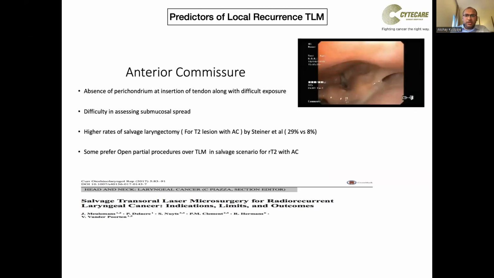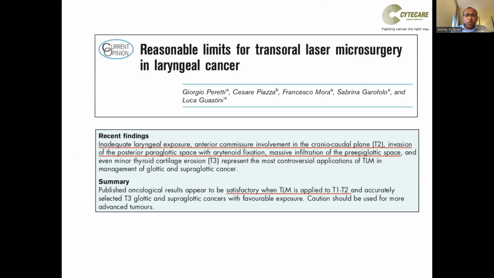Hence, at the anterior commissure, you need to be very, very cautious in treating with transoral laser surgery. Additionally, whenever the lesion extends posteriorly, that is, a lesion which involves the posterior paraglottic space with arytenoid fixation, infiltration into the preepiglottic space, or thyroid erosion, these again are not good candidates.